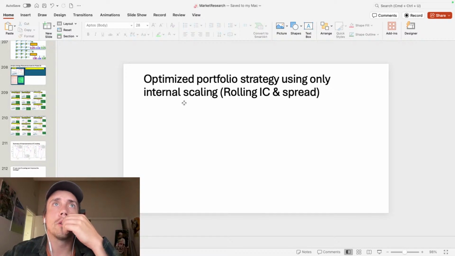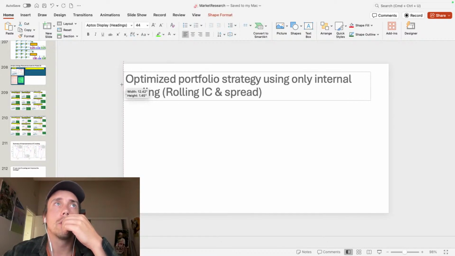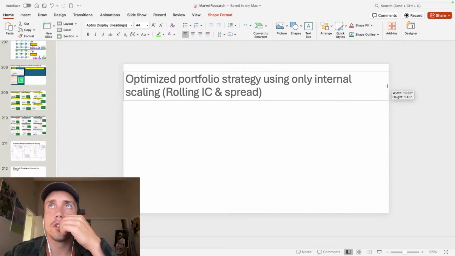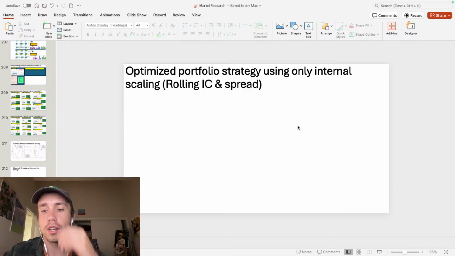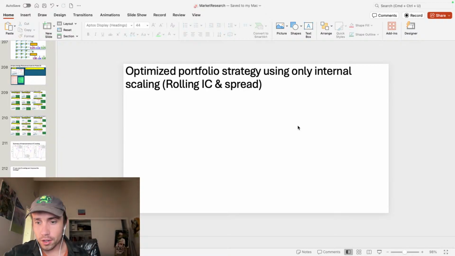Okay, so tomorrow I'm gonna go through and try to do some optimizations using only these scalars. And then I think z-scoring the scalars is a good idea.